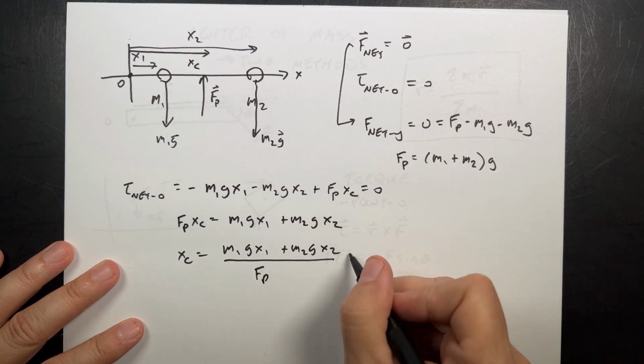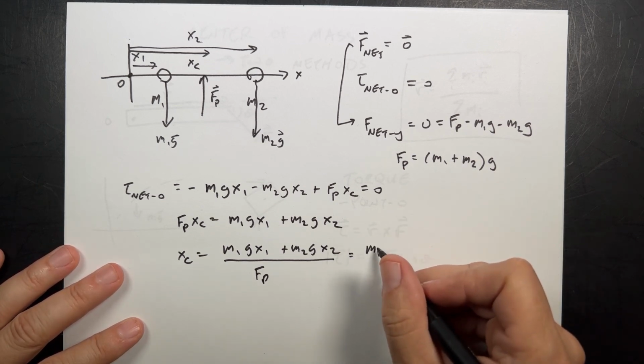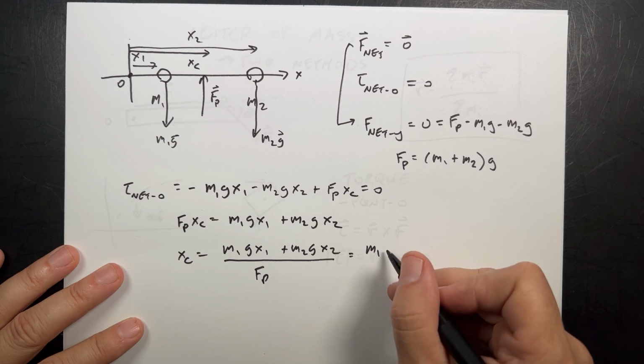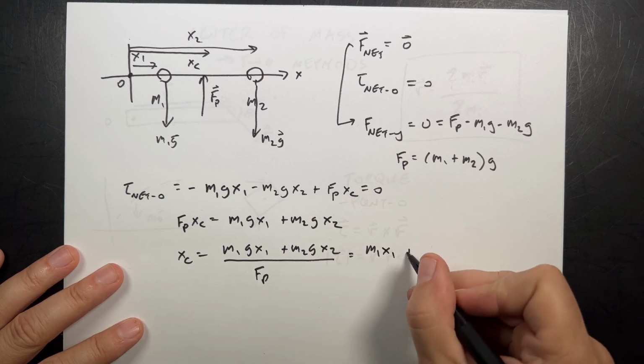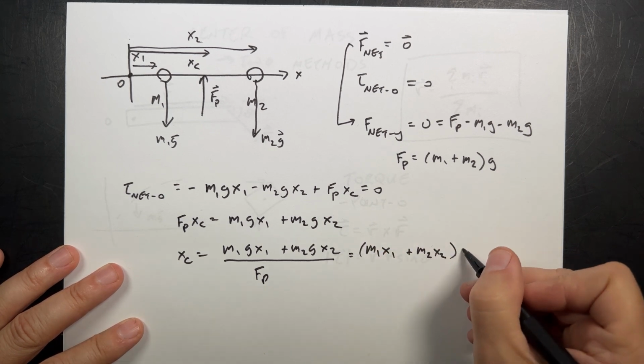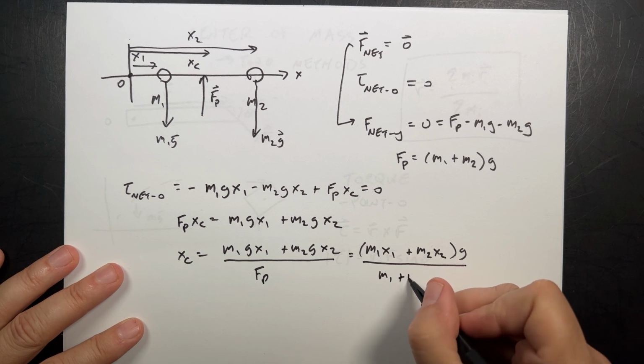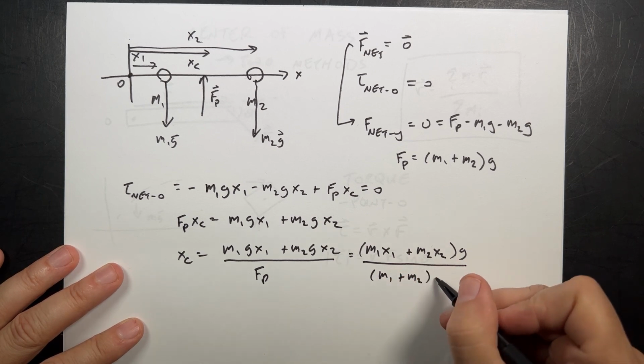But now Fp I can put in that. So I get m1, I'm going to factor out the g: m1 x1 plus m2 x2 in parentheses, g over m1 plus m2 in parentheses, g.